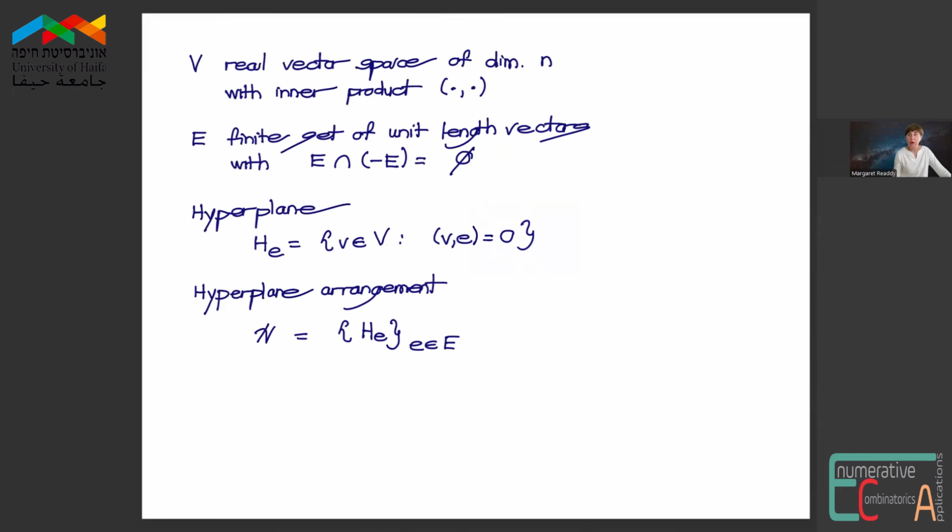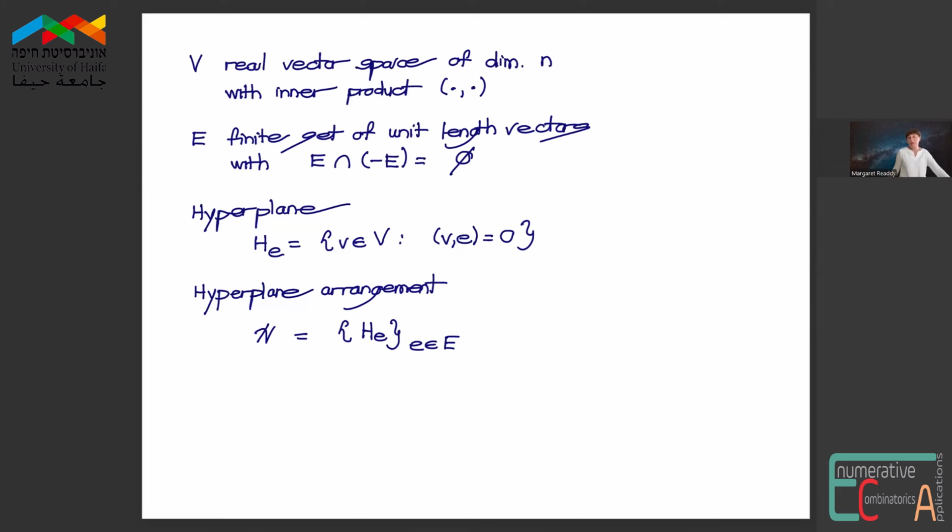So what we want to do is go much more generally, and think about the pizza theorem in higher dimensions. Let's start filling this up. Let's assume we have a real vector space V of dimension n, and it has an inner product. And then we're going to let E be a finite set of unit length vectors.